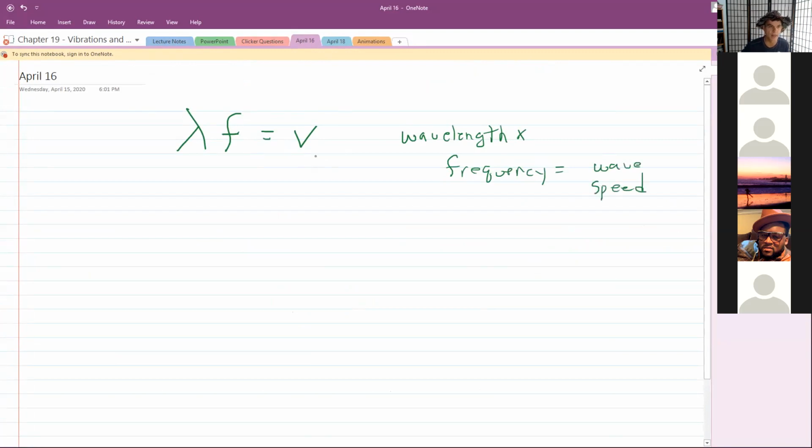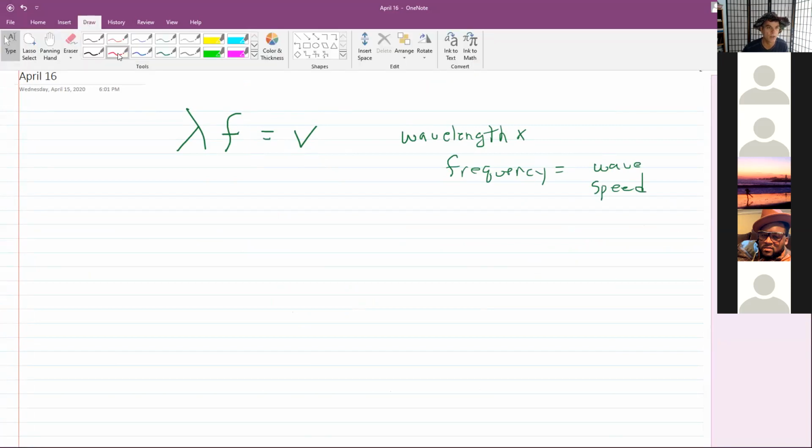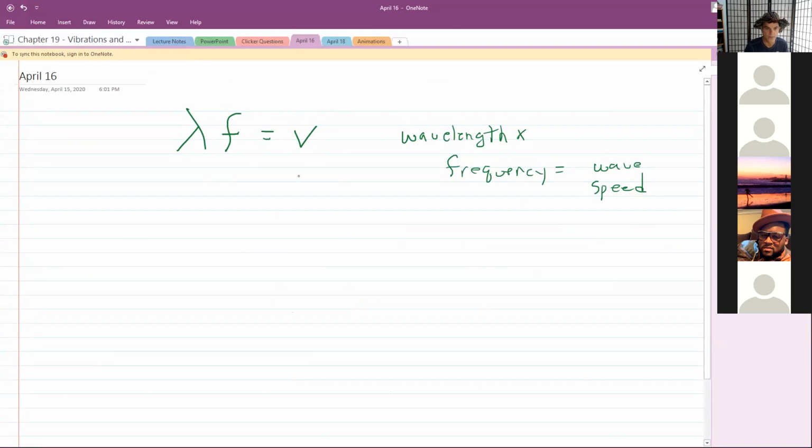This wave speed only depends upon properties of the medium the wave travels through.